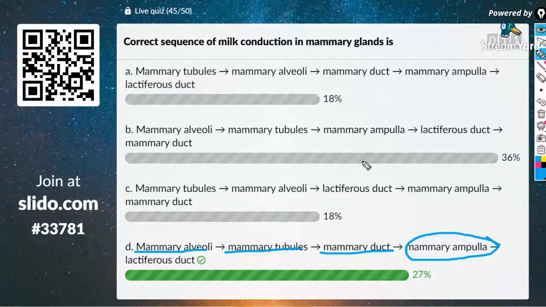It's not mammary ampulla then lactiferous duct. Last only it will come to the lactation process through the lactiferous duct.